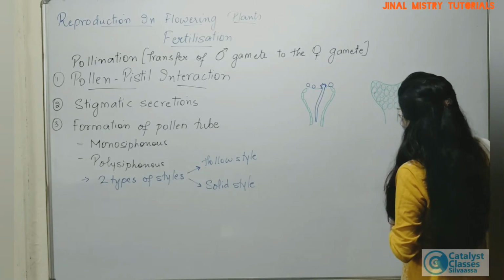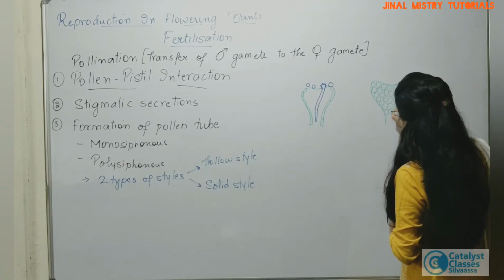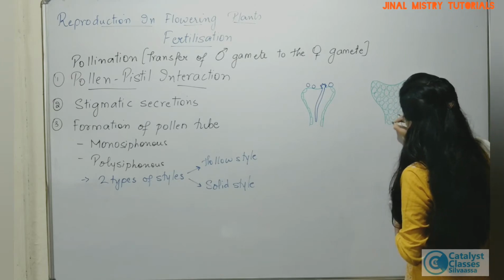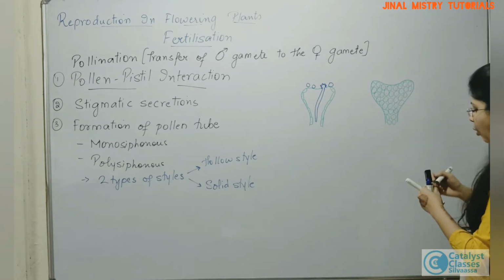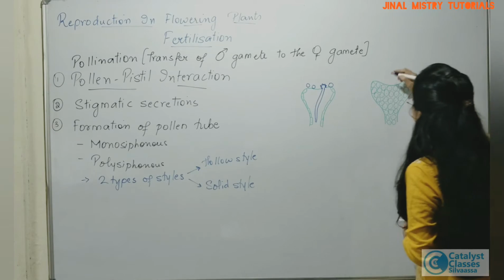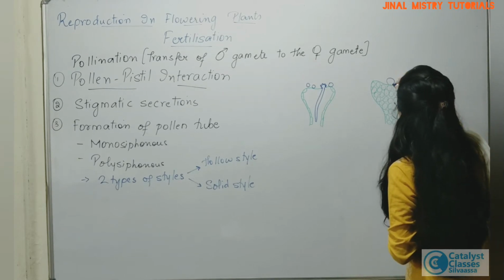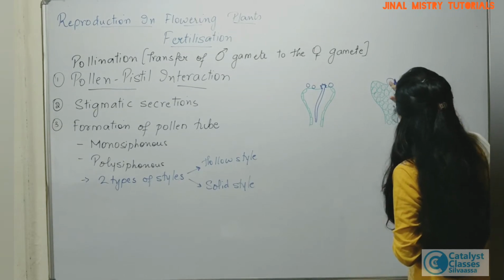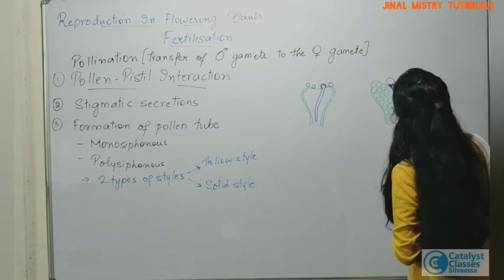So this is the way in which the solid style shows the presence of cells. Now when the pollen tube formation takes place, this is the pollen grain from which the pollen tube has started developing.